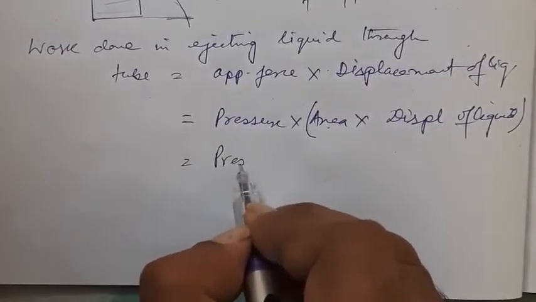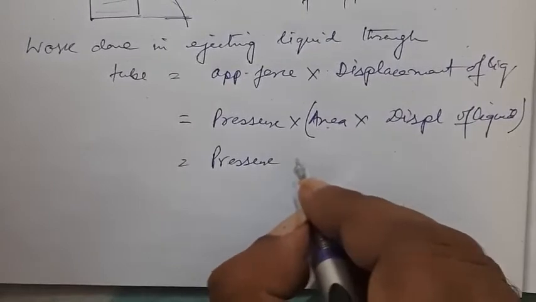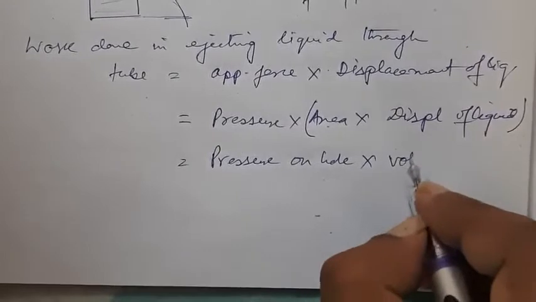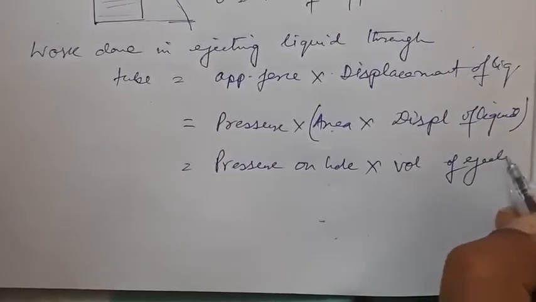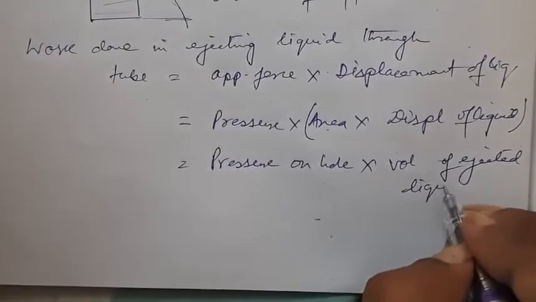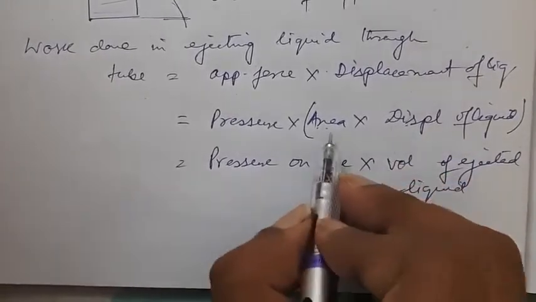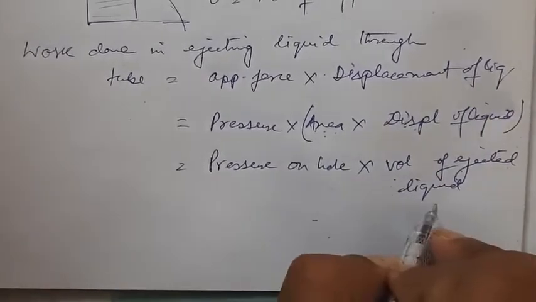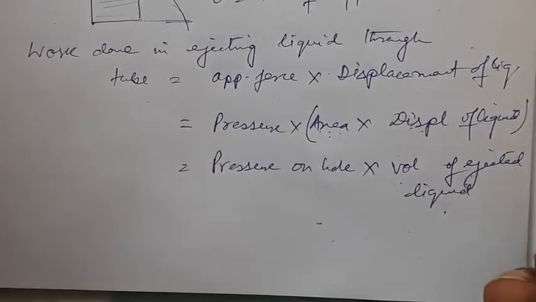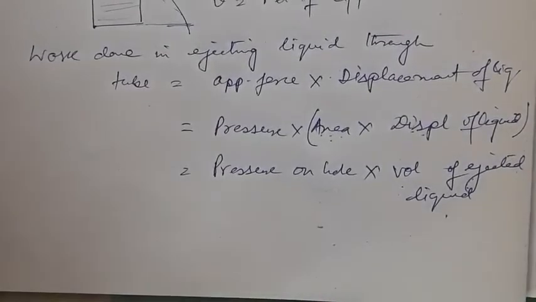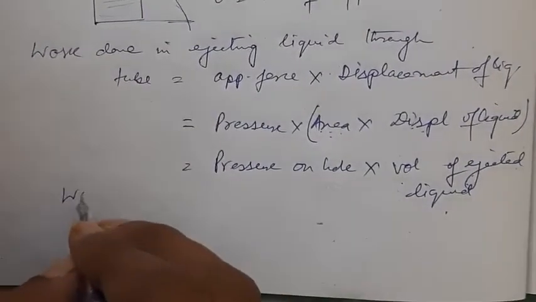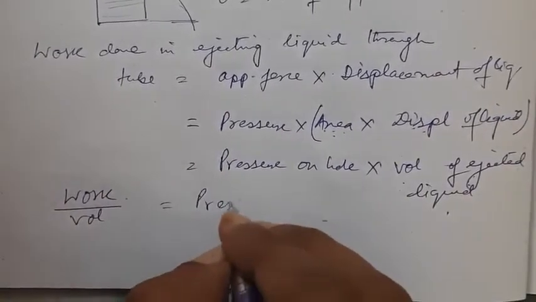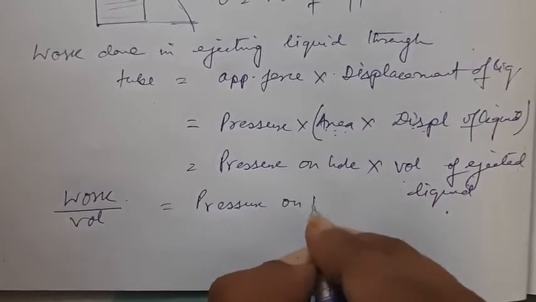So, pressure on hole into the volume of ejected liquid. Area into displacement, meter square into meter, so meter cube becomes the volume of the ejected liquid. Now, work done in ejecting a liquid of unit volume is equal to the pressure applied on the hole. So, if we take volume onto the left hand side, work done by volume becomes equal to the pressure on hole.